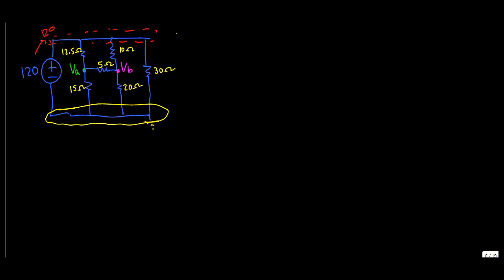So we can actually redraw this as something like this, where we have 120 volts here, a resistance of 12.5 ohms, another resistance of 5 ohms, and then we have another resistance here of 10 ohms, but this is also 120 volts.